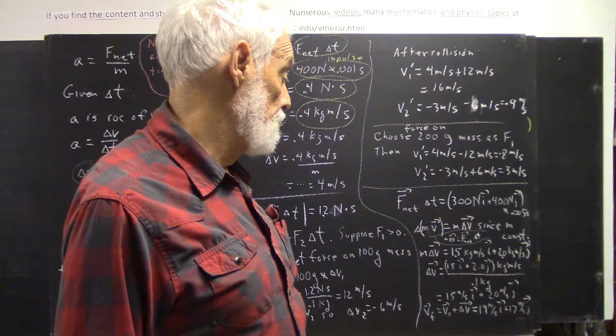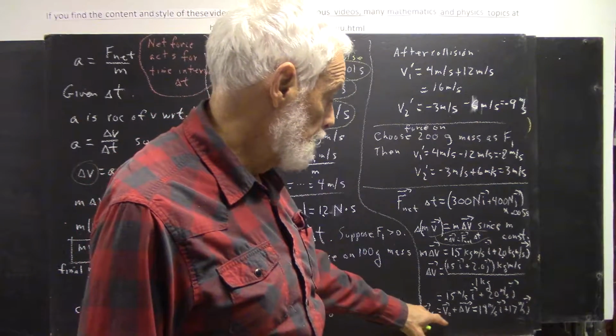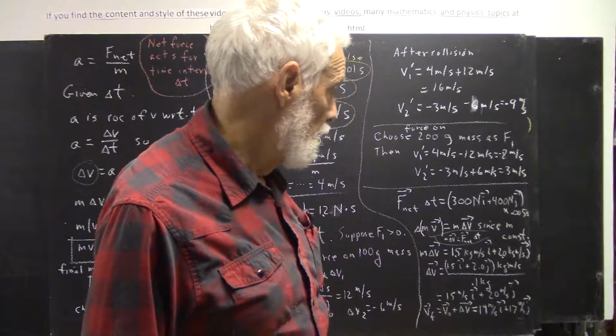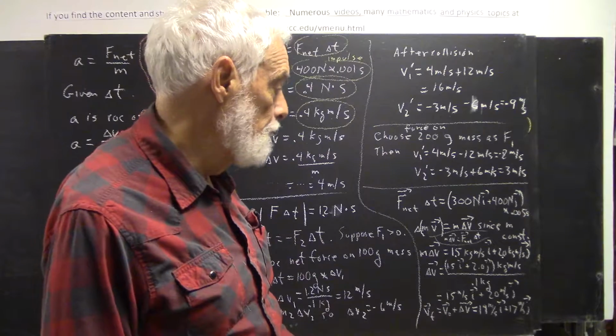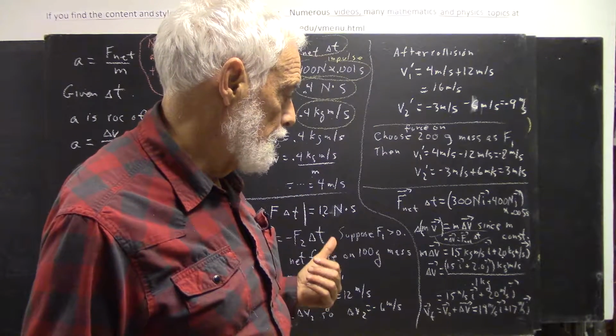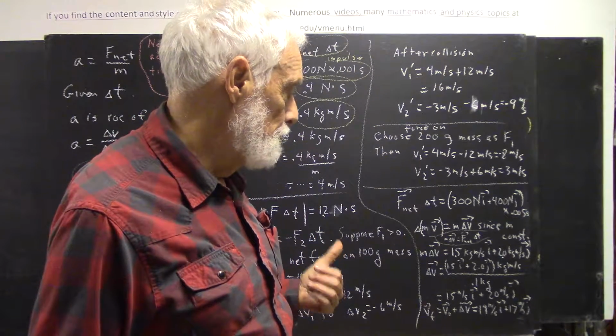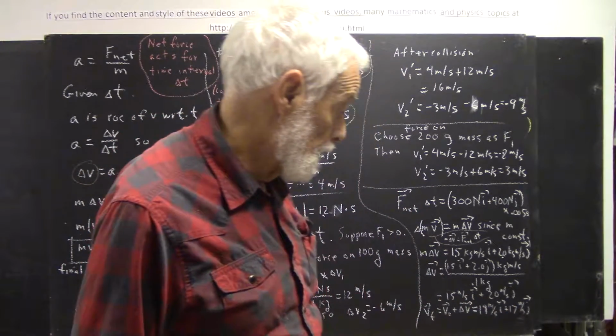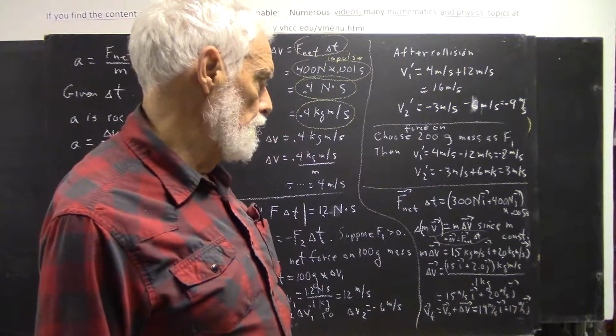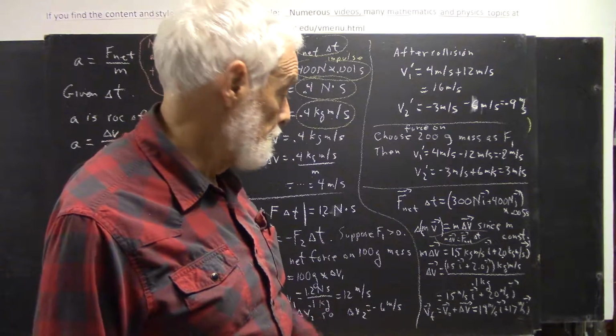Now our final velocity is our initial velocity plus our delta V, and we're given an initial velocity of 4 meters per second times I minus 3 meters per second times J. That wasn't written down here, I was out of space, but it's right there in your document.